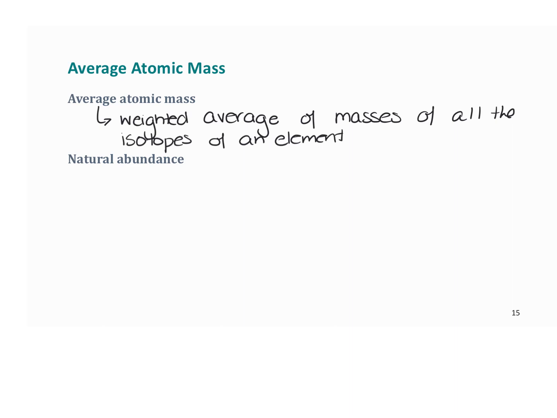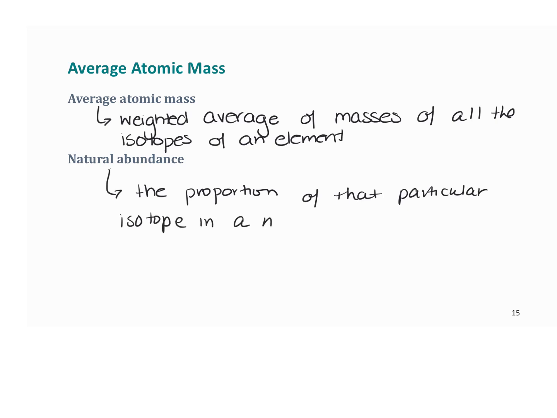Now, when we start to talk about calculating it, I'm going to refer to natural abundance. The natural abundance of an isotope, right, is the proportion of that particular isotope in a natural sample.